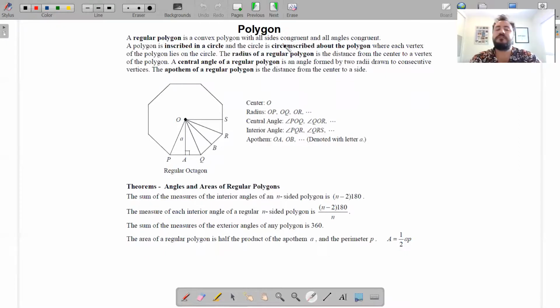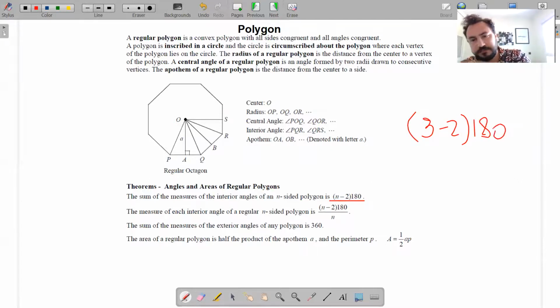Knowing that, we have two formulas that we need to remember for polygons. The first one is the calculation of the sum of the interior angles of a polygon, which is n minus 2 multiplied by 180. This is a standard formula. If you, for example, want to find the interior angles of a triangle, how many sides n are there in a triangle? 3 minus 2 multiplied by 180. 3 minus 2 is 1, so it's 180.